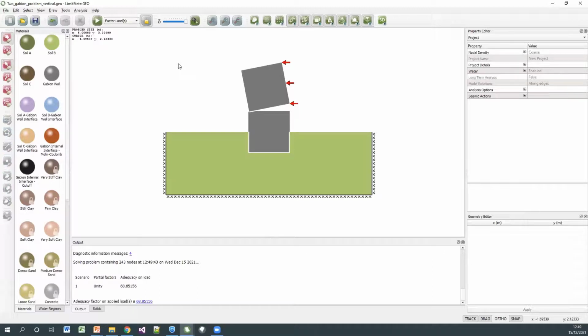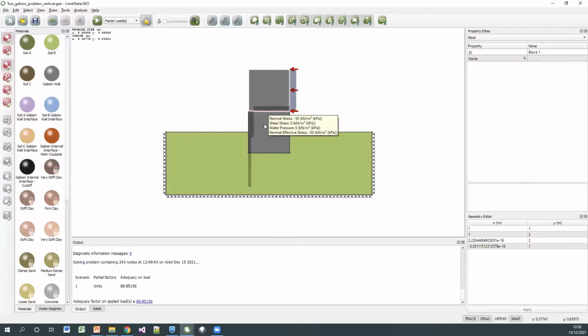Because we have the ability to fail in tension or in compression, a gap can open up. We get a collapse load of 68, which is not necessarily quite what we might expect. And the reason for that, I can click on this body and I can actually see the distribution of stresses along here. I'm generating a lot of tensile stress here, which I wouldn't normally expect, and compressive stress here.